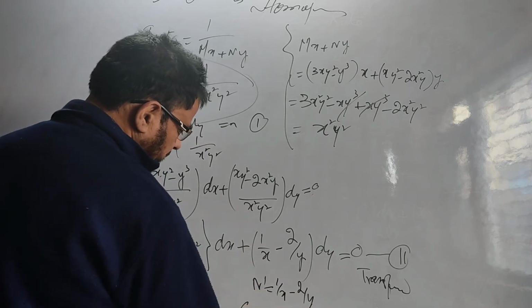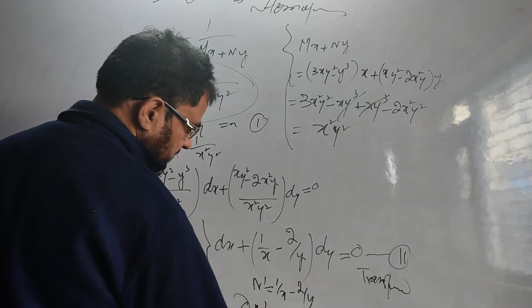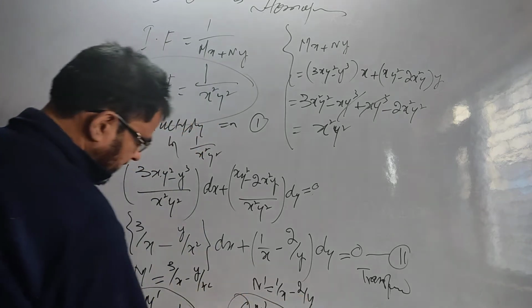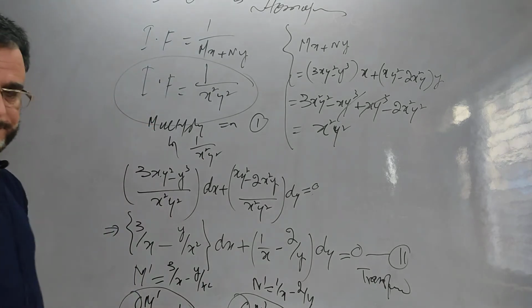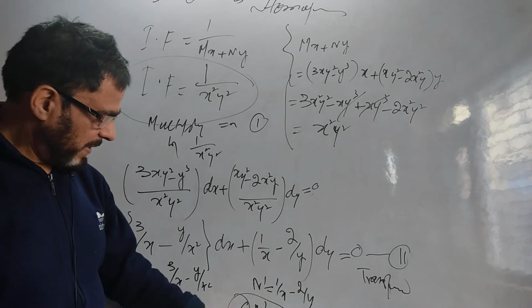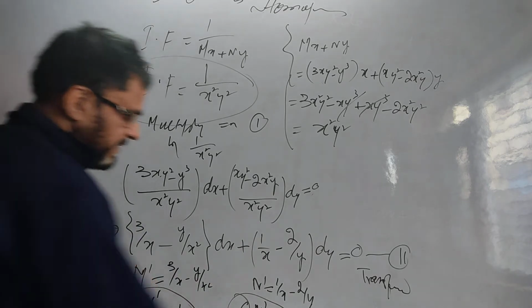What is the partial of n dash with respect to x? You see, the derivative of 1 by x is minus 1 by x square, and this is 0. You see that they are equal. This partial of m dash with respect to y is the partial of n dash with respect to x. They are equal. Hence, equation number 2 is exact.